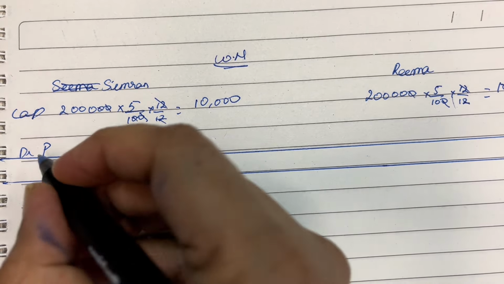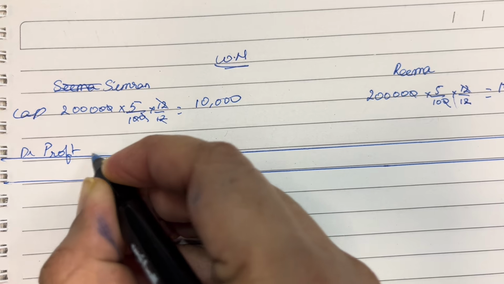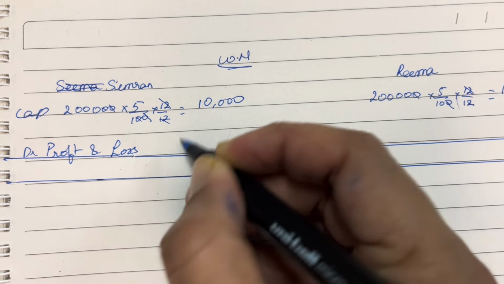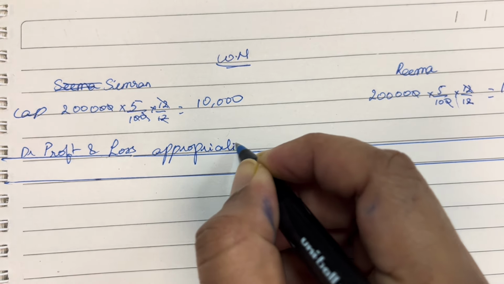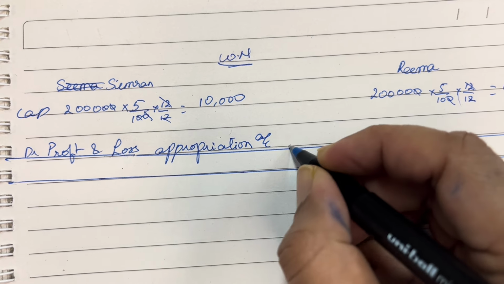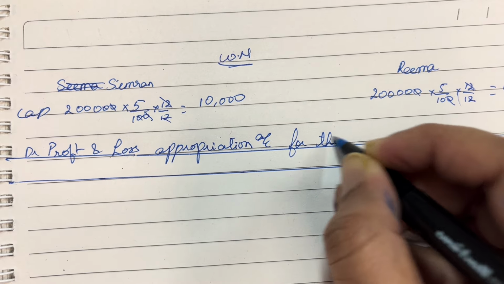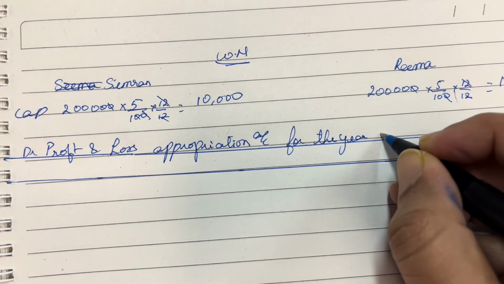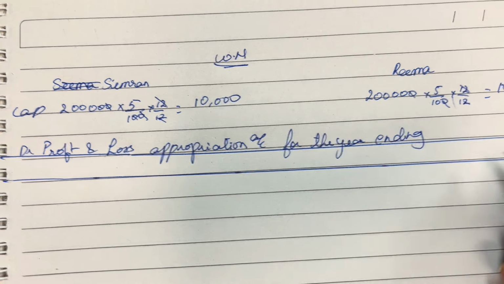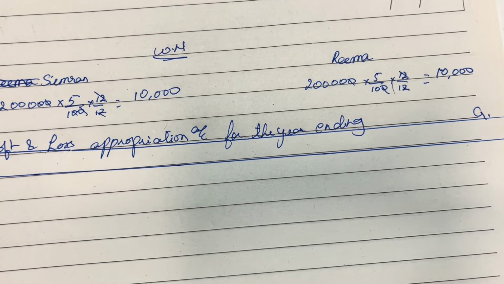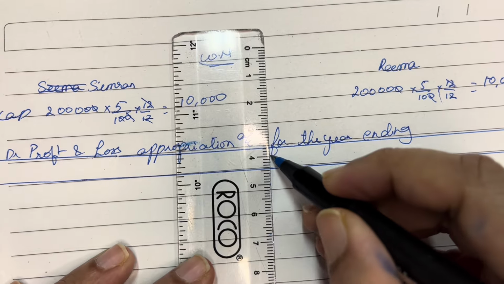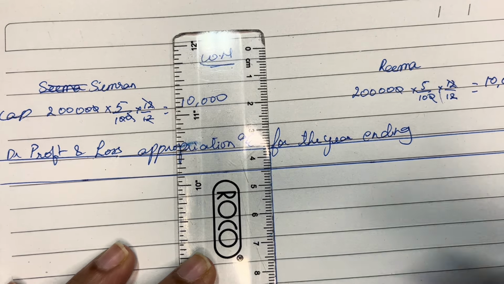Debit, profit and loss appropriation account for the year ending, whatever year it is, and then over here on the other side we'll write credit. Format is important.